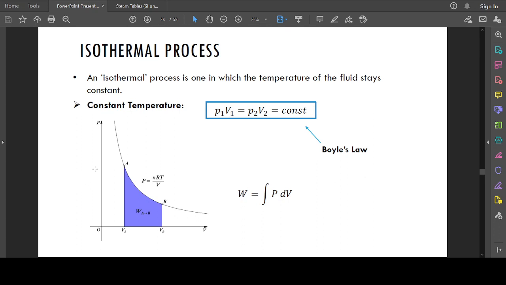In a system where we need to expand the fluid from point A to point B by reducing the pressure, a certain amount of work has to be done, and that work is given as the integral of pressure times the changing volume.